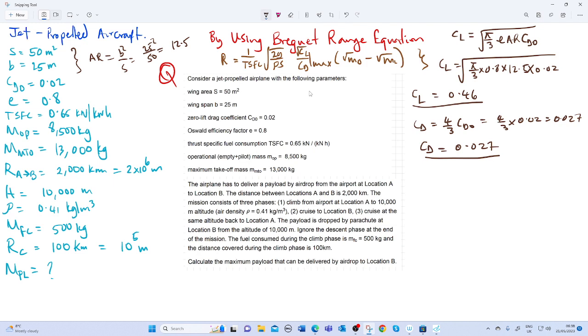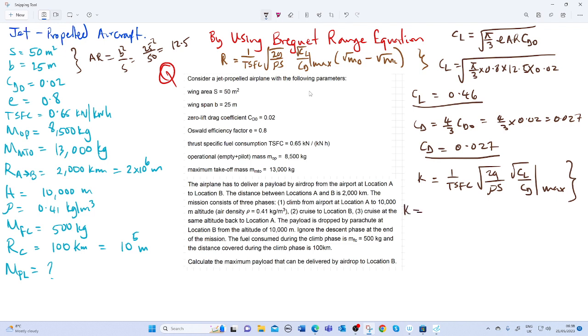And don't let us forget to calculate the K constant, which is 1 over TSFC, the root of 2g over rho S, times the root of CL over CD max. So this is our constant for the Breguet equation.